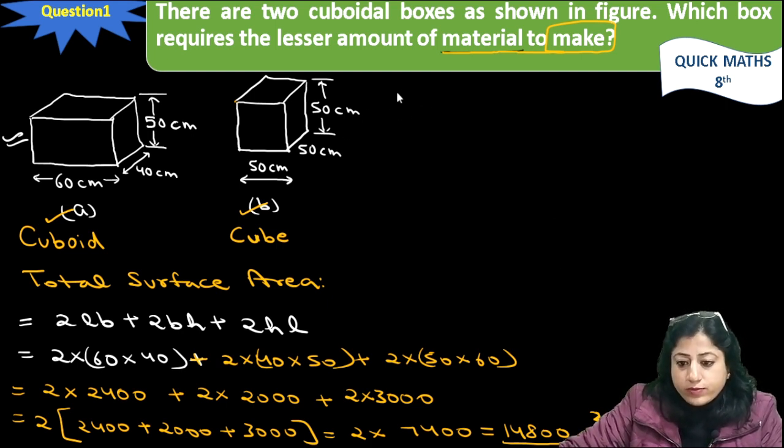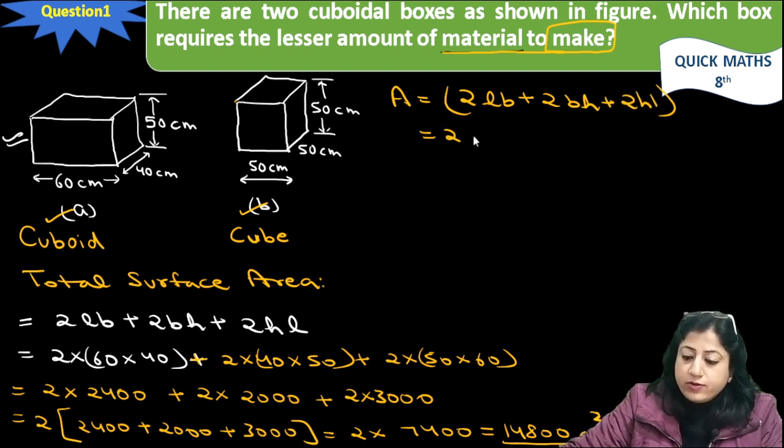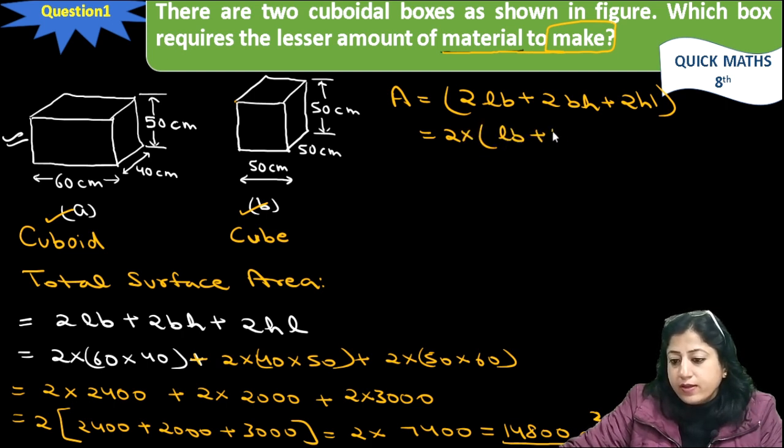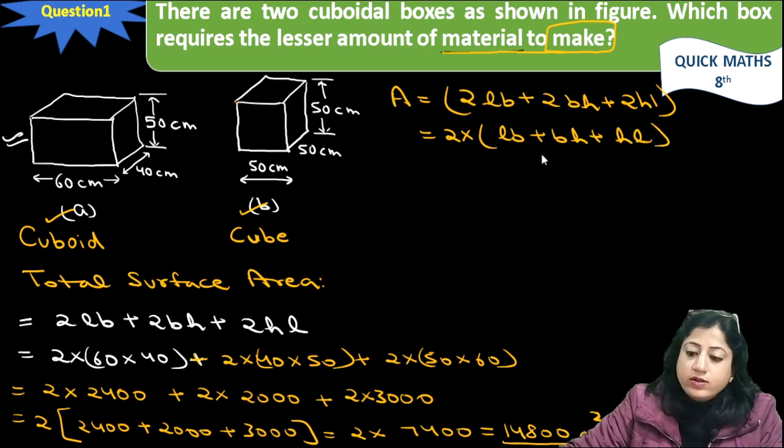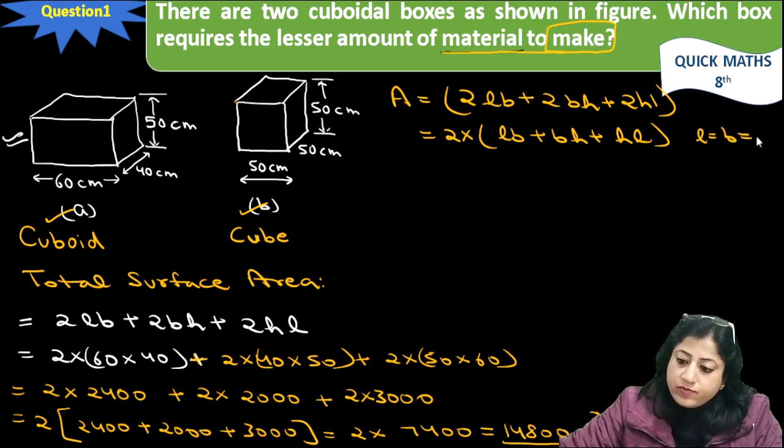In the case of a cube, the area of the cuboid is 2LB plus 2BH plus 2HL. Taking 2 common, this will be 2 into LB plus BH plus HL. Here all the measurements are the same: L is equal to B is equal to H.